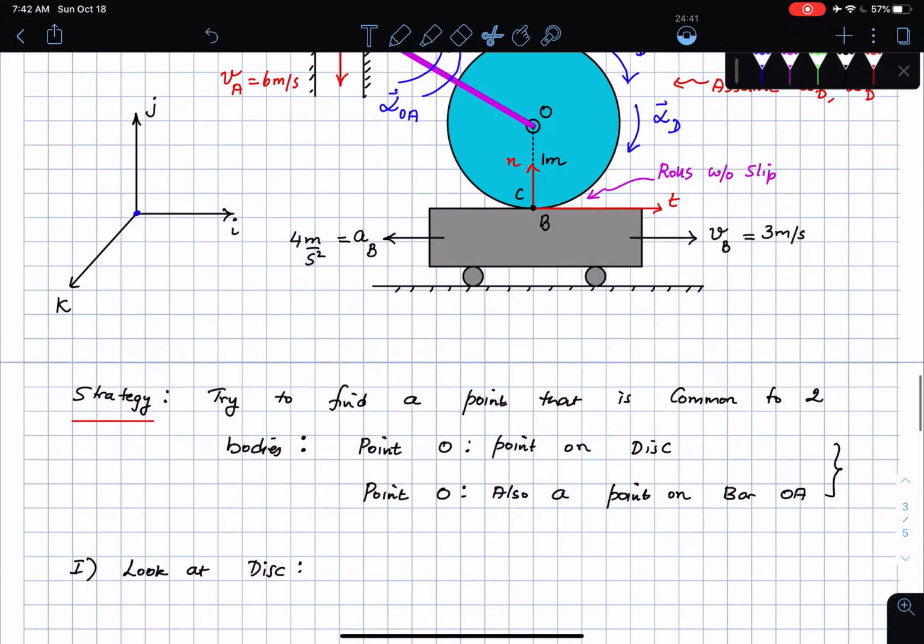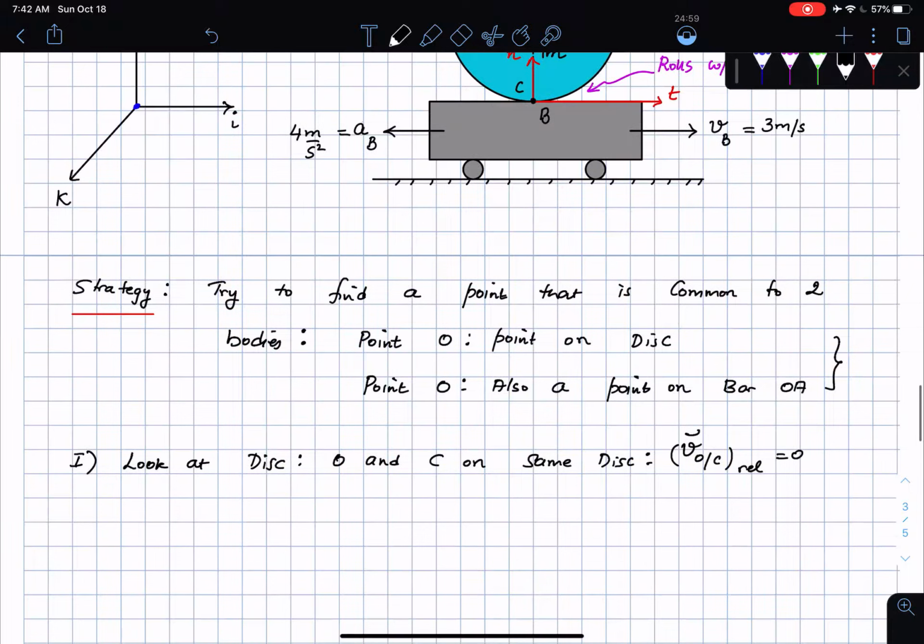So look at the disk. Points O and C are on the same body, on the same disk, which means that the velocity of O relative to C is 0, and you obviously know that the acceleration of O relative to C is 0.